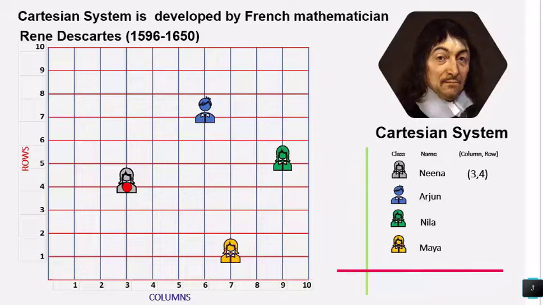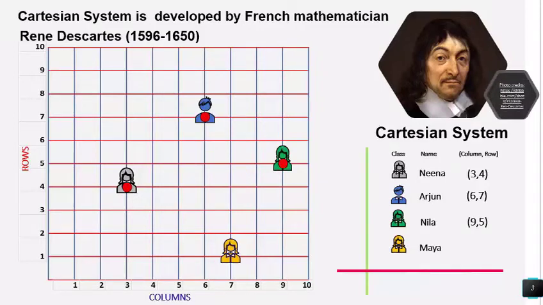Look at the diagram, where you can see Arjun sits in 6th column, 7th row. So Arjun's position is 6, 7. Similarly, the case of Neela, she is sitting in ninth column, fifth row. We can mark it as 9, 5.